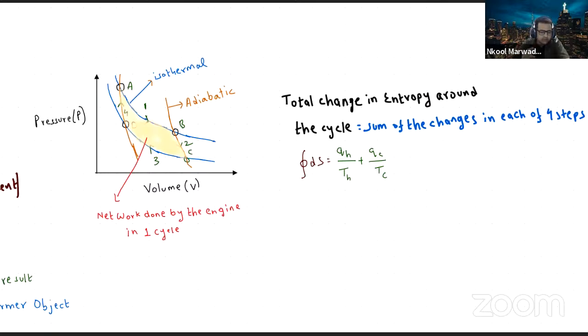And a very interesting thing we will discuss. Experimentally, it has been seen that for an ideal gas, the total change in entropy around the cycle is zero.